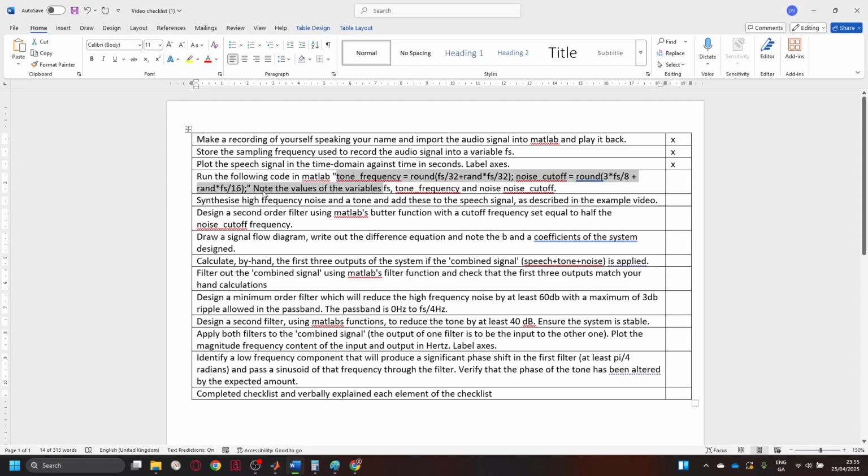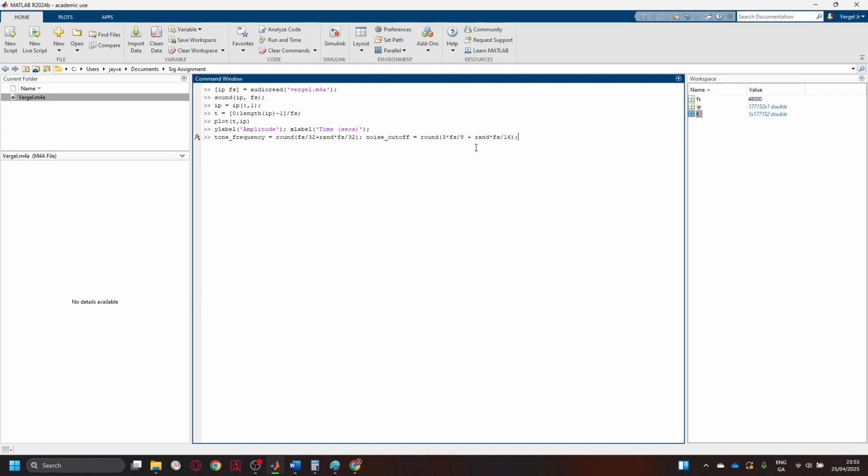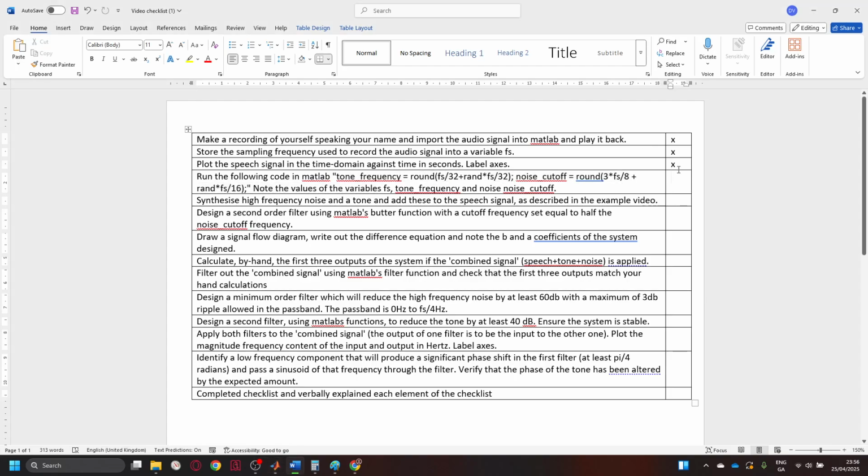Just going to make sure it's right. For the values, we have the tone frequency of 2722, and the noise cutoff is 20,717. Yeah, just going to put it in there.